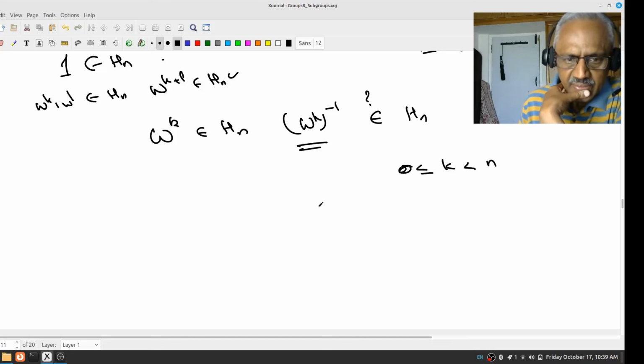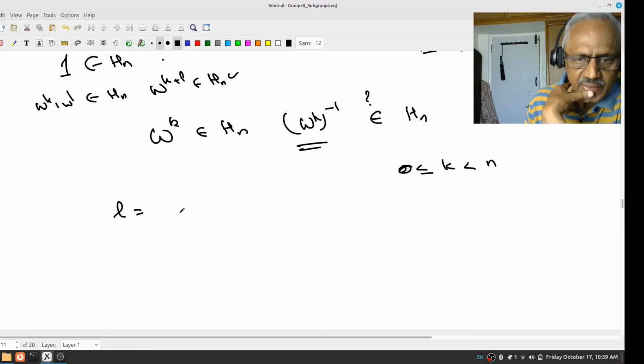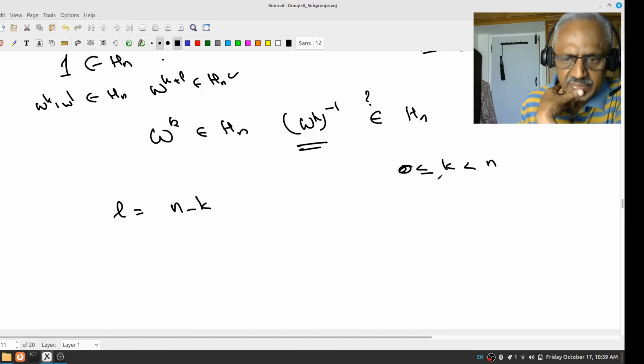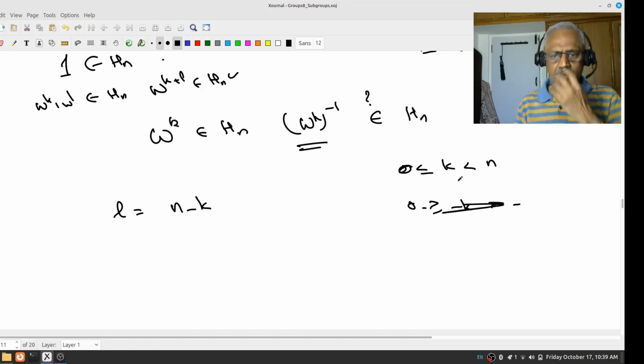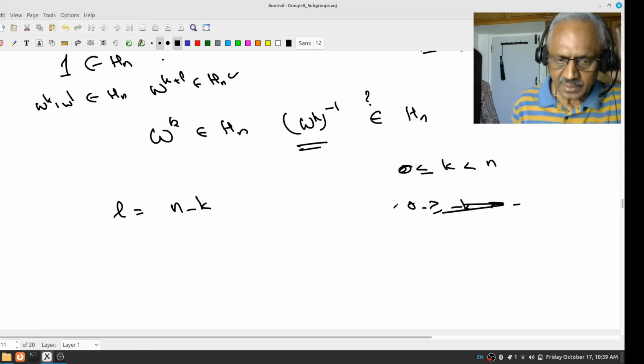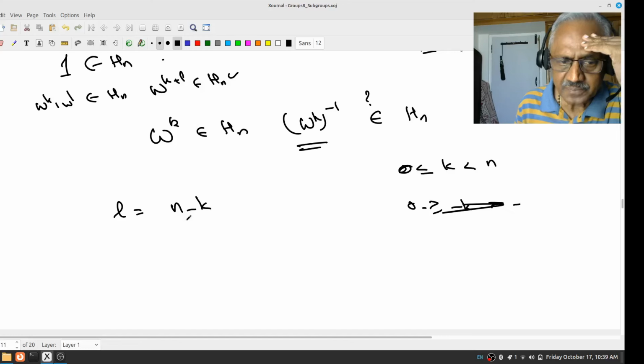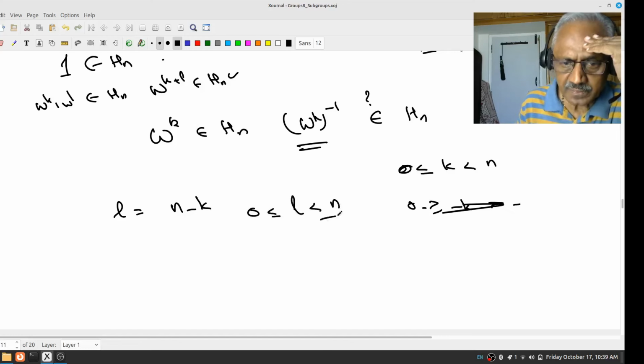Therefore, if I take l equal to n minus k, notice that 0 ≥ minus k ≥ minus n. You understand that? Now, what can I say about n minus k? That will also be 0 ≤ l ≤ n.